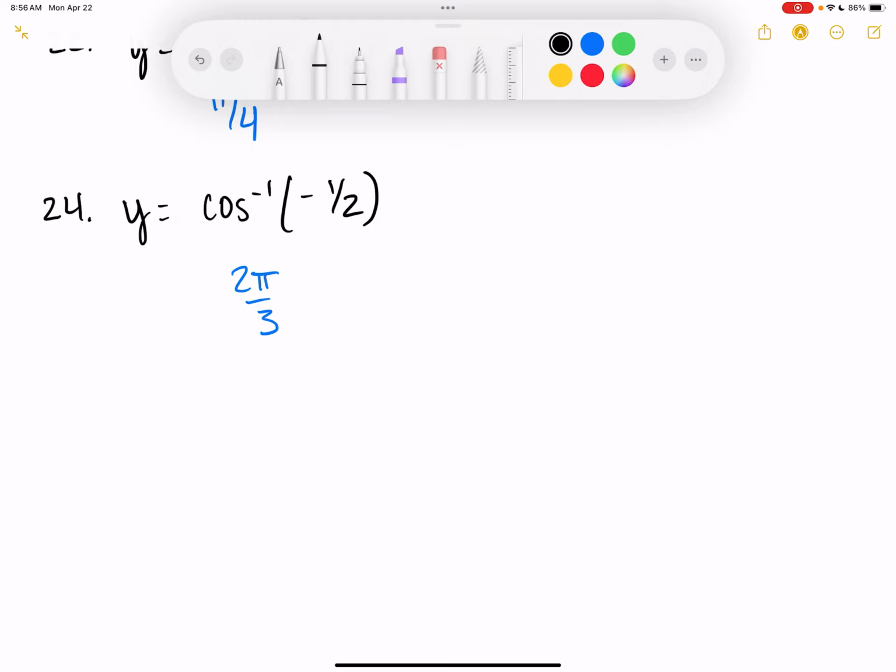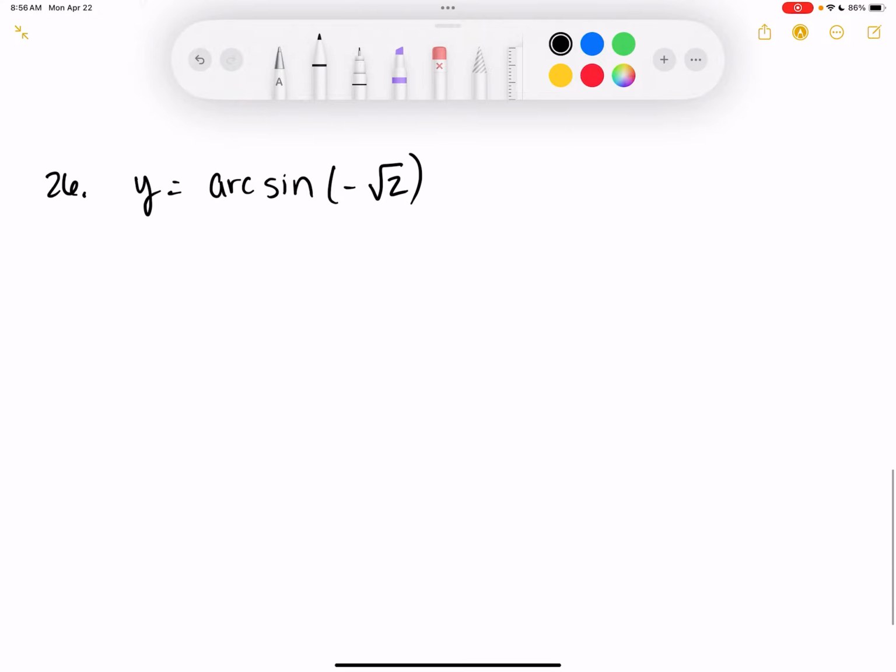Number 26, y equals the arc sine of negative root 2. So, where is sine negative root 2?